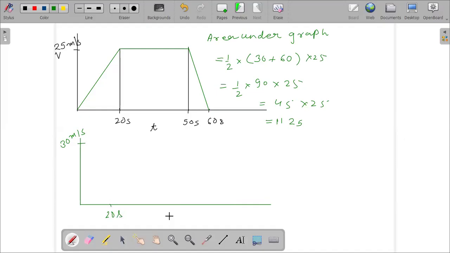Here it accelerates for 10 seconds, then it travels for the next 20 seconds, that is, it reaches 30 seconds. After this 30 seconds, it is 80 seconds. So at 10 seconds, it attains a velocity of 30 meter per second. At 30 seconds, it is still at 30 meter per second.